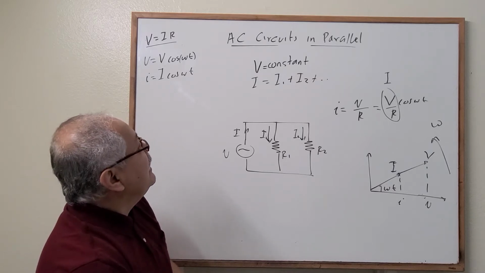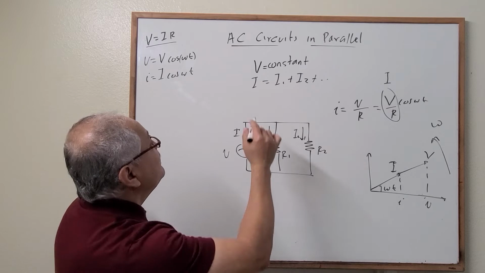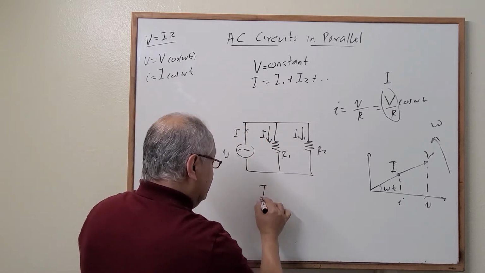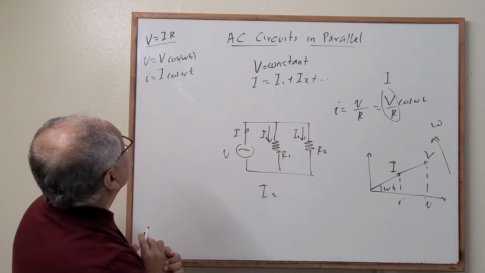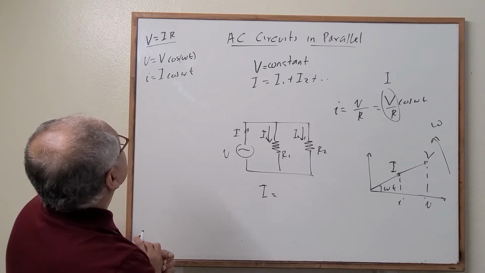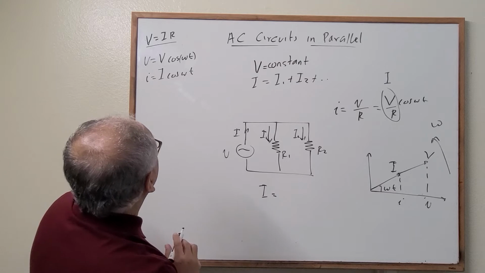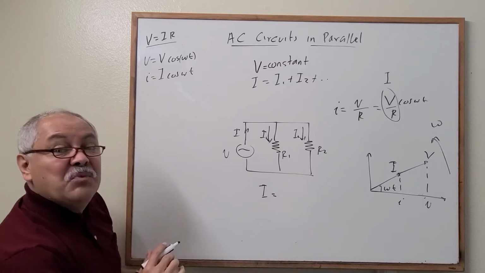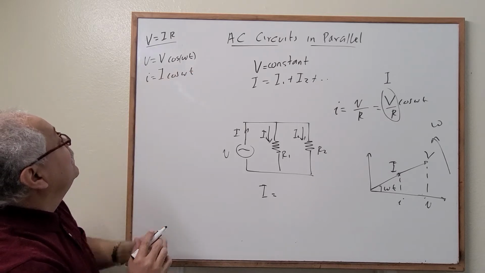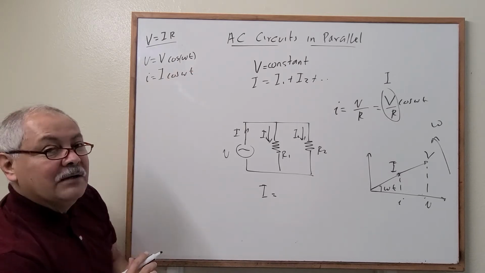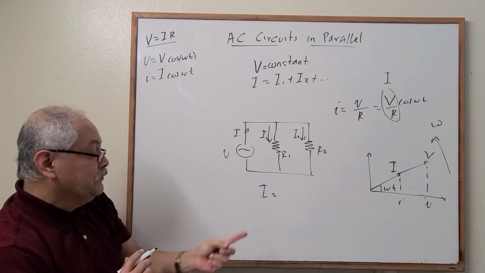What should be the total current? In this case, we are dealing with the maximum current. Remember, the maximum happens when cosine is 1. When that is 1, the maximum current is this quantity.